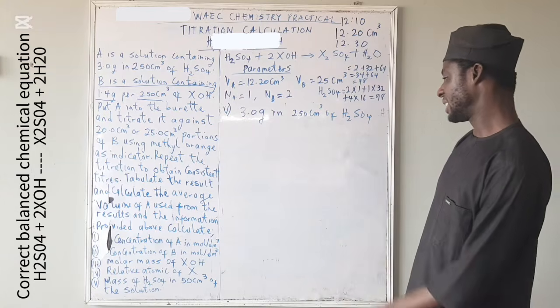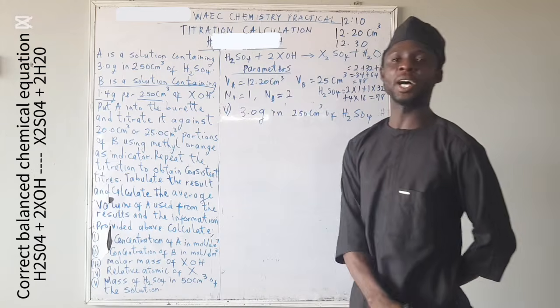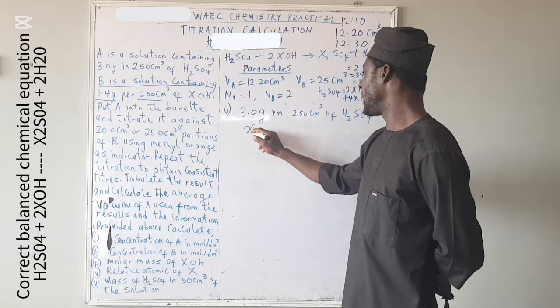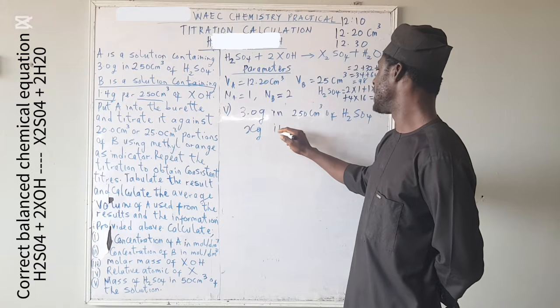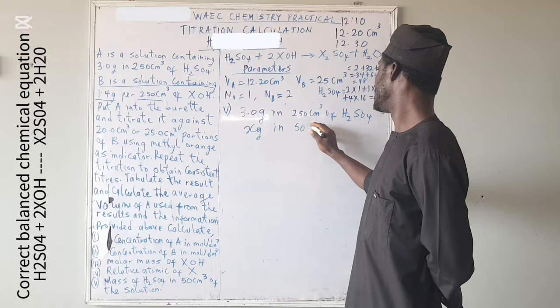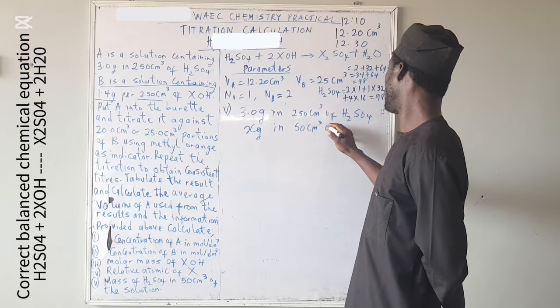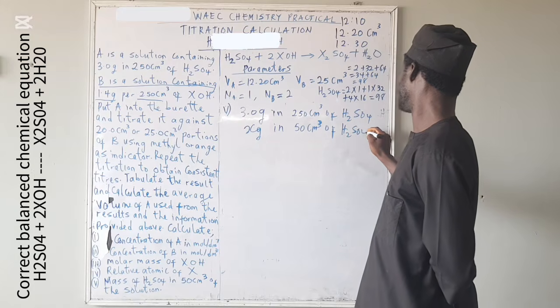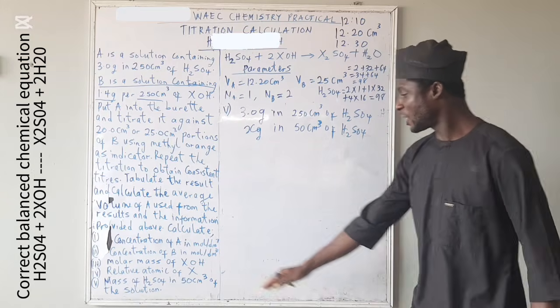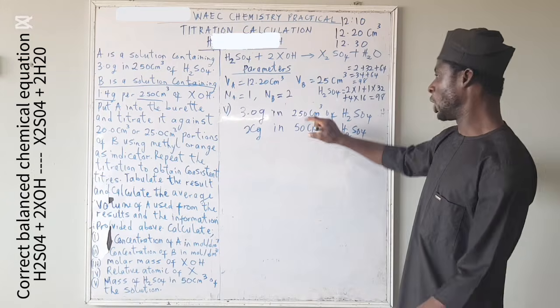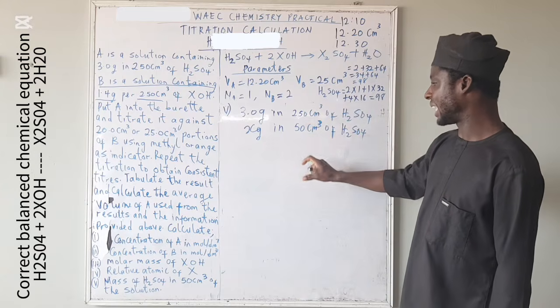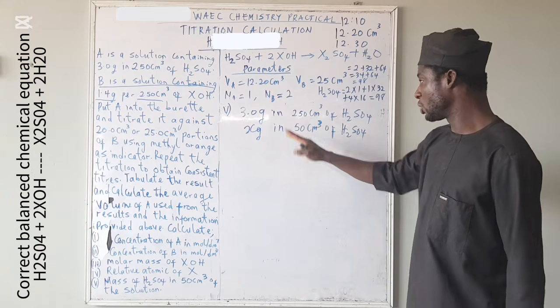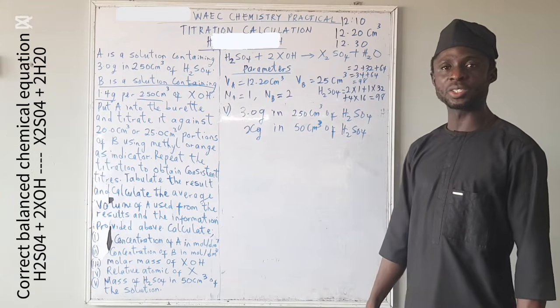Now the question is, if it's in 50, how much mass will be there? So how many gram will be in 50 cm3 of H2SO4? The reason why it's easy for us to calculate this question is that they have given us a parameter in the question that we can use to relate to what they are asking from us.